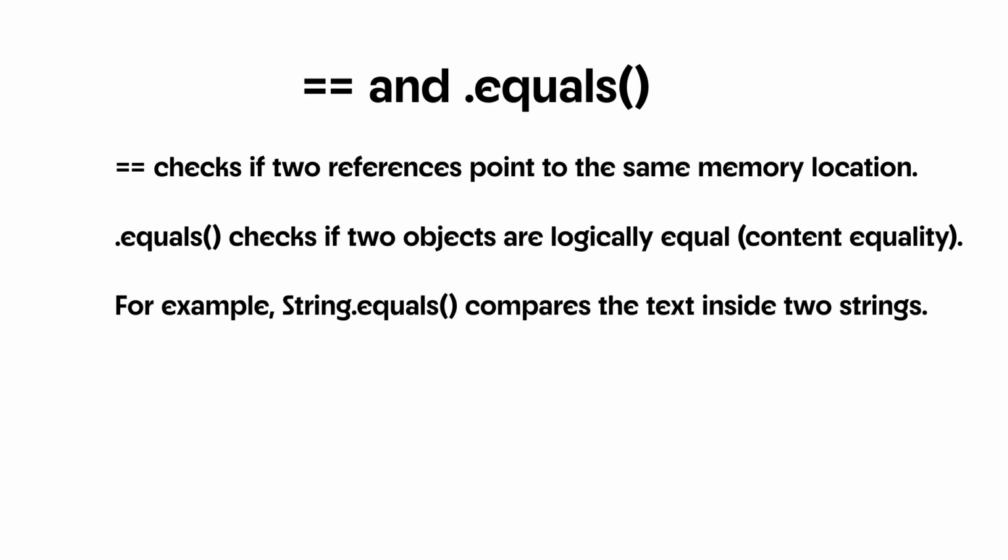For example, if you have two different string objects that contain the same text, double equals will return false because they're different objects in memory, but dot equals will return true because the text inside is the same. So, for comparing primitive types like int or char, double equals works fine, but for comparing objects, it's usually better to use dot equals if you want to check the actual content.